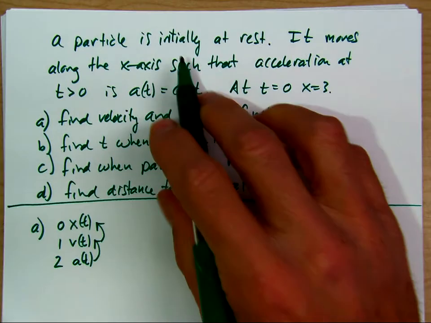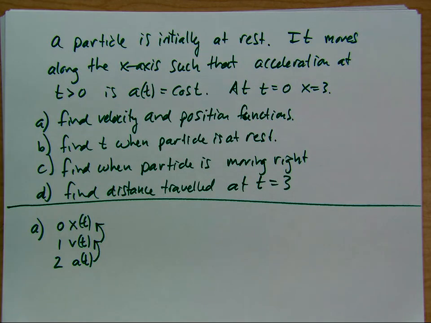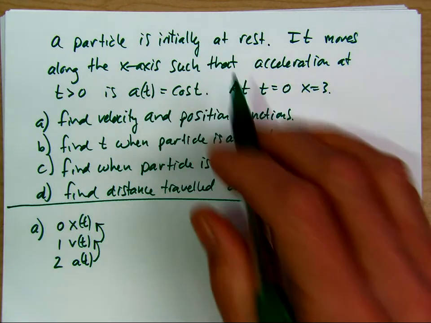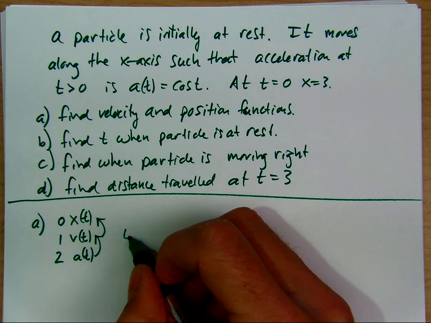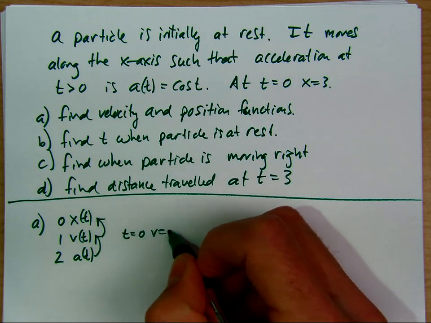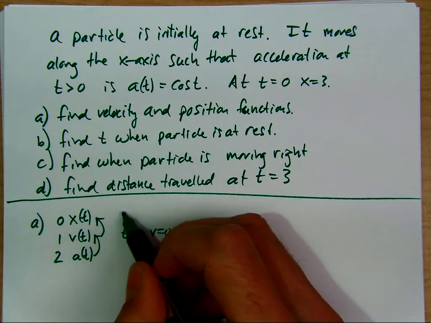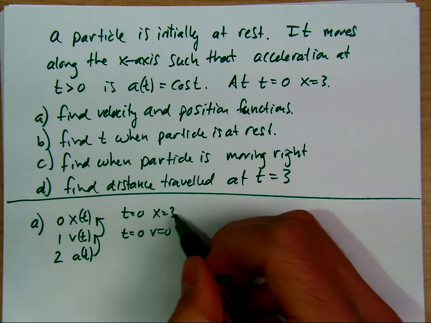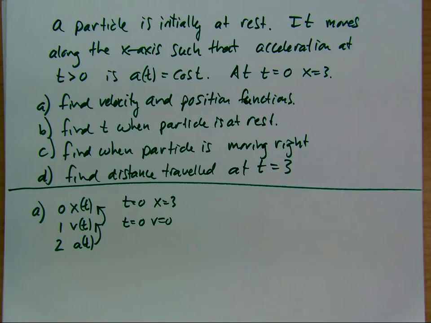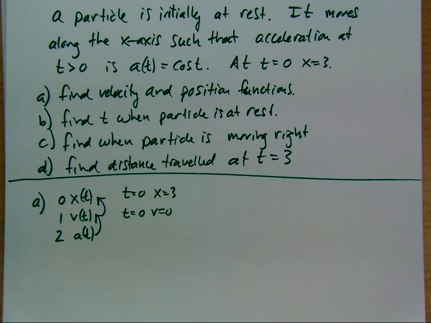Initially at rest means that t equals 0, velocity is 0. So we could say t equals 0, velocity equals 0, and then we also have t equals 0, x equals 3. So those are two initial conditions that we're going to need for this one.